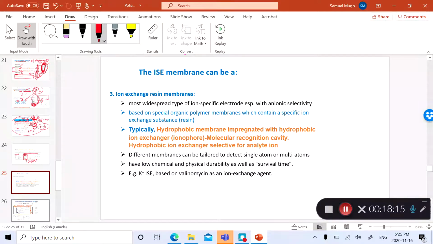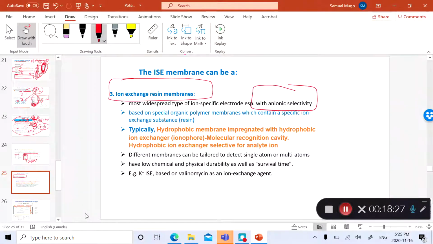So the other type of ion selective electrode is what you refer to as the ion exchange resin membrane. All right. And this one is very, very common, particularly when you're trying to analyze things like anionic or even cationic analytes. Okay. And so this one is based on a hydrophobic membrane that is impregnated with what you refer to as an ionophore.